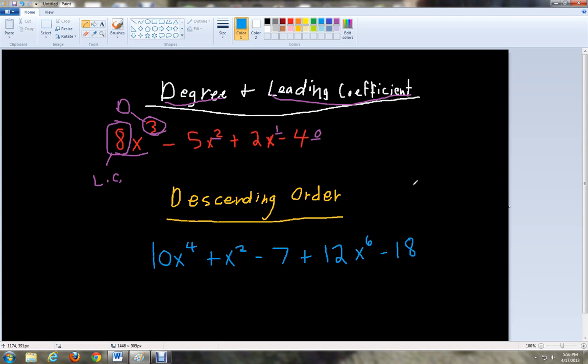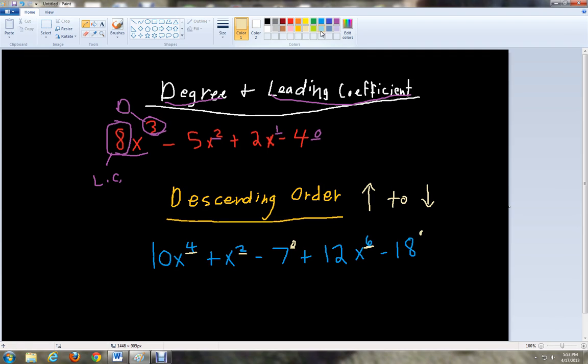So in descending order, you usually want your terms to go from the highest degree to the lowest degree. Okay, so we look at our exponents. We have 4, we've got 2. This degree would be 0, right? It's constant. And then we have 12x to the 6, negative 18, 0.